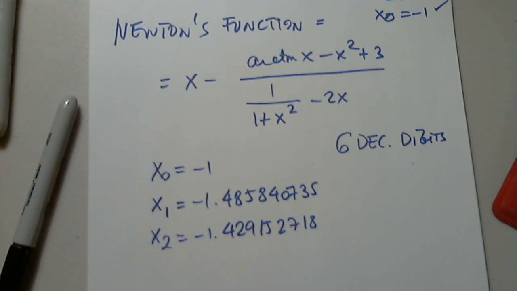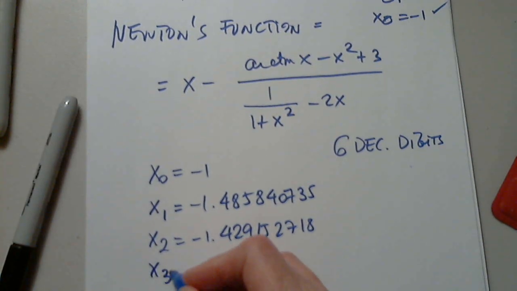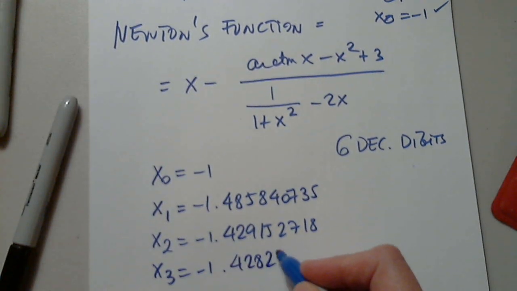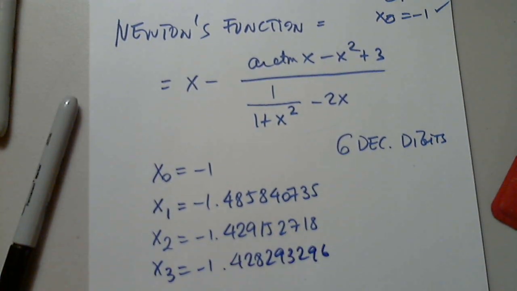Here's what I do next. Second and copy. And now automatically the calculator will take function y1 and plug in the x sub 2. When I click enter, what am I obtaining now? What is this number? X sub 3, negative 1.428293296. Not ready yet. And then I continue.